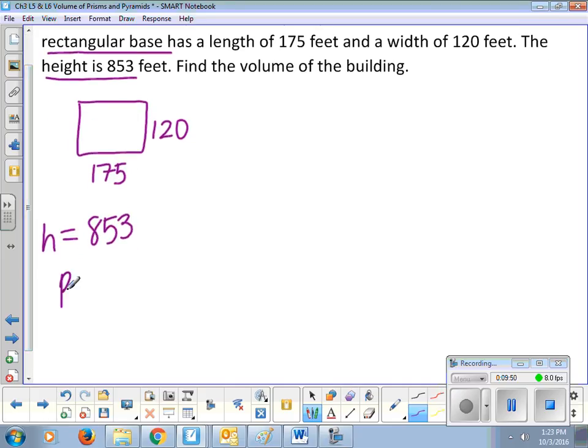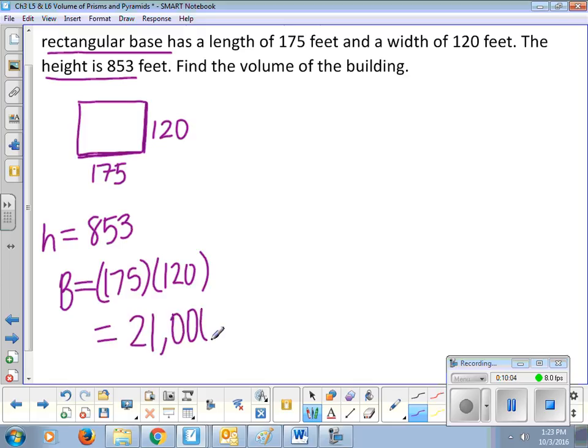We're going to find the volume of the building. So when I find my capital B, I know I'm multiplying length times width of my base. 175 times 120 gives us 21,000.